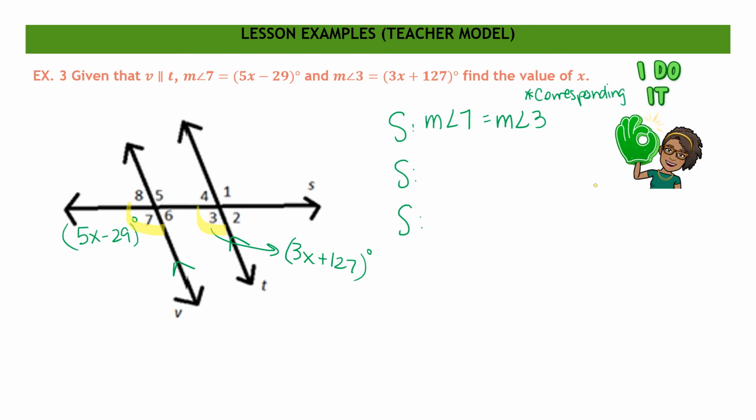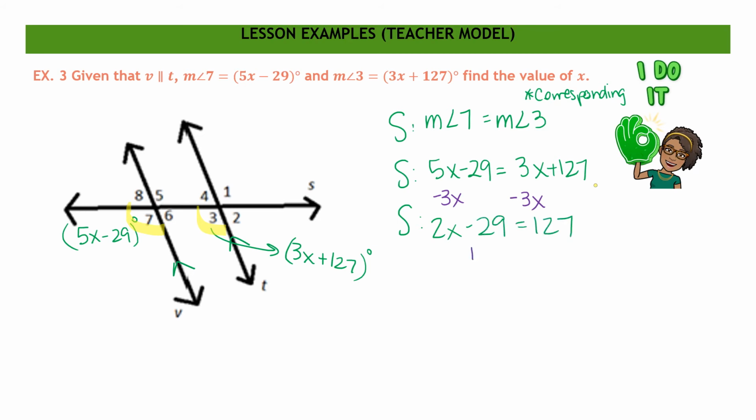So because they equal each other, I can just go ahead and substitute in the values for each one. The measure of angle 7 equals 5x minus 29. And the measure of angle 3 equals 3x plus 127. And my last S, as we all know, is to solve. So I'm going to subtract my 3x on both sides. That leaves me with 2x minus 29 equals 127.